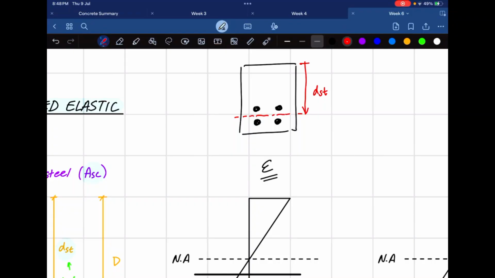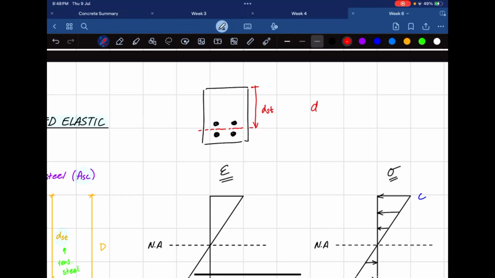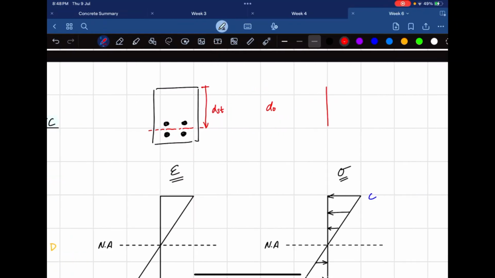Now later on, we're going to get introduced to another value called D0. Some people get these two mixed up because when we're working with singly reinforced concrete, so just one layer like this.